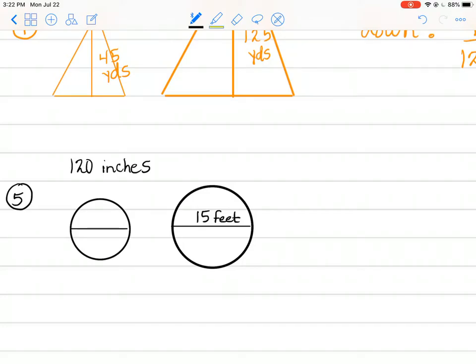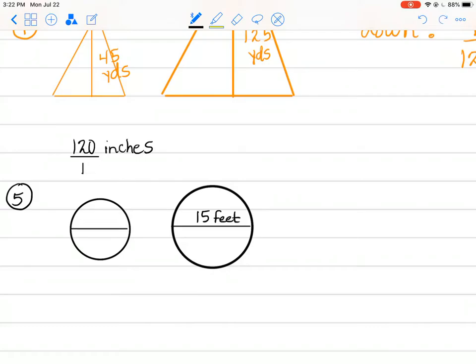So you would not want to do the ratio here because of the inches and the feet. You need to either get them all in terms of inches or all in terms of feet. And I'm going to go with the feet because it's an easy conversion compared to some. Okay, there are 120 inches. There are 12 inches in a foot.